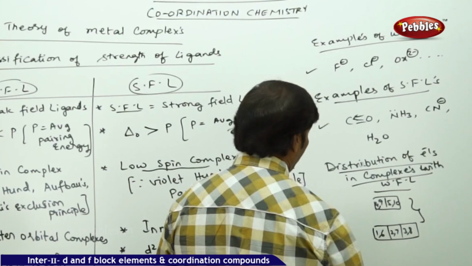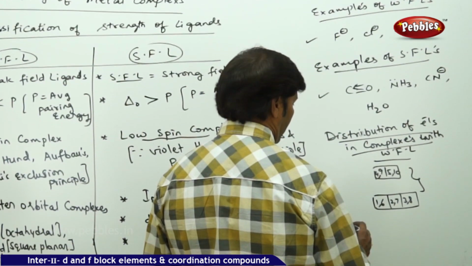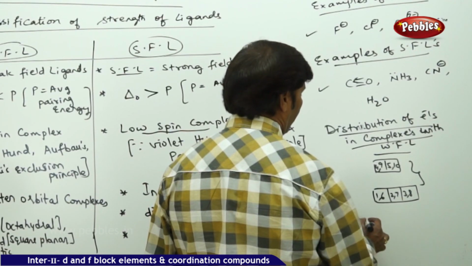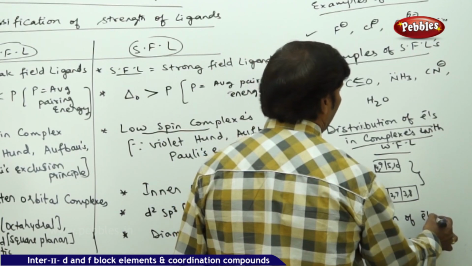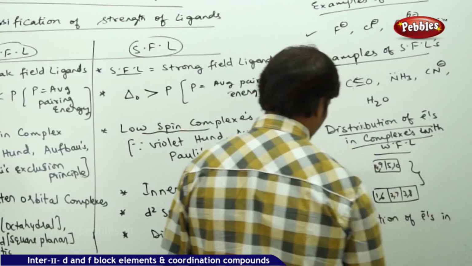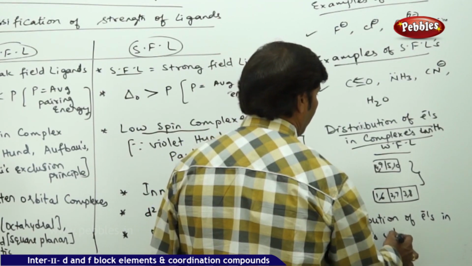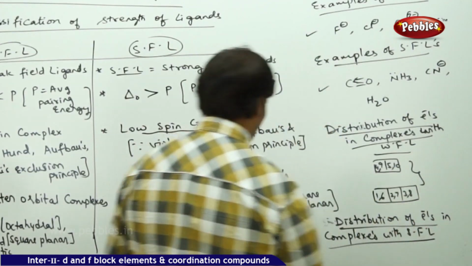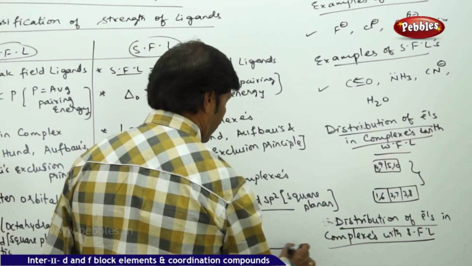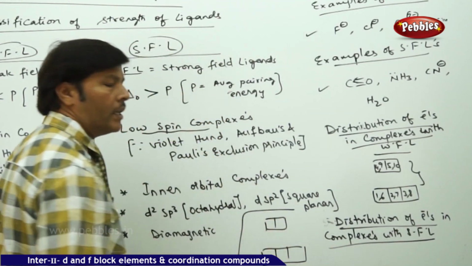Now if you go for strong field ligands, the distribution of electrons in complexes with the strong field ligand goes like this. First you take the 3 orbitals and the 2 orbitals, double degenerate, t2g and eg.